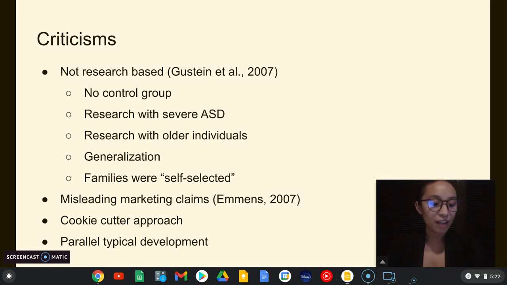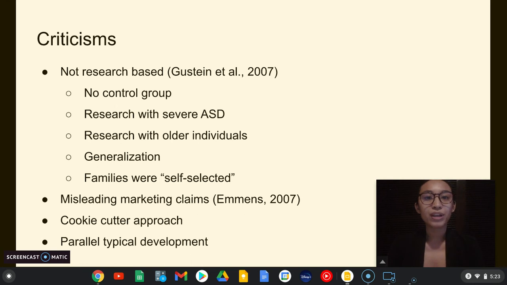Gustine stated that 85% of cases will learn to talk. And again, based on the study, it did not involve individuals with severe ASD or older individuals. And so it may not be the case for every individual or every client. The last criticism is parallel typical development, meaning that there may be some typical development milestones that occur that may not be due to RDI, some confounding variables.